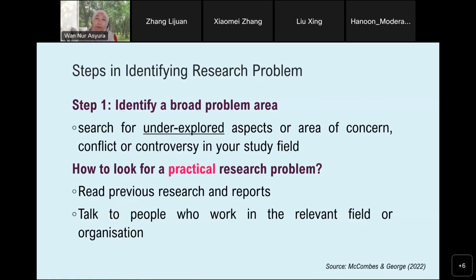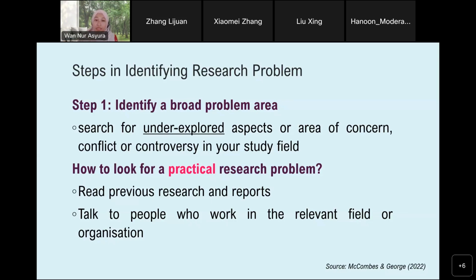For example, many people have been studying and have written many articles on online learning due to the COVID-19 pandemic. But although the research is considered overwhelming, there must be some aspects of online learning and the COVID-19 pandemic, learning English and so forth, that are underexplored.